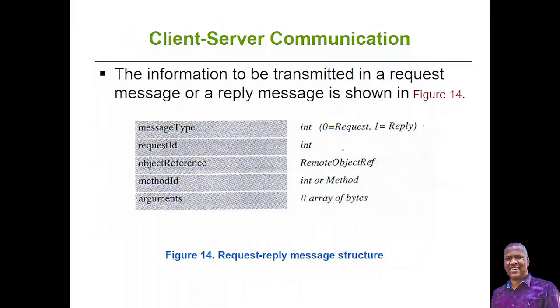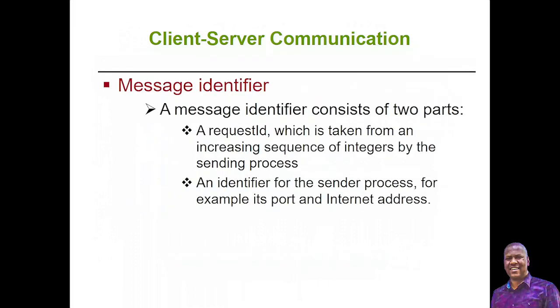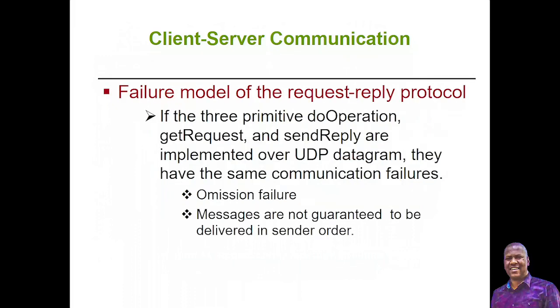That's why we need some kind of Java programs to be able to implement this kind of communication. So we have the message identifier, as you already looked at. Any communication between the client and the server needs some kind of port number or addresses that the two communicating processes can use.